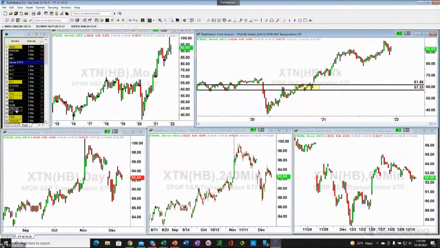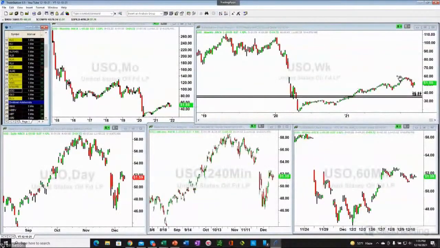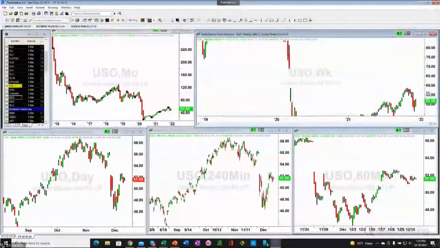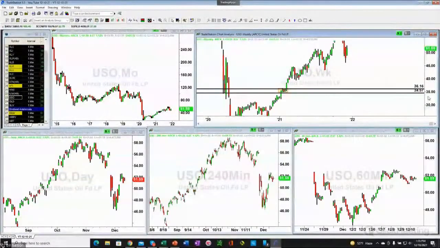Okay. And then one more we have time for, I wanted to cover oil and GLD, some of these commodities. On USO, with prices here at 51.59, looking at an entry point down here at 36 to 34.57. The chart is suggesting that there can be some opportunities higher up on these lower time frames.